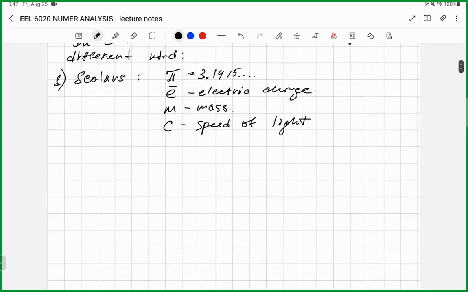So the speed of light and also the other fundamental constants like epsilon naught, the electric constant, or permittivity of vacuum, and mu sub zero, which is the magnetic constant.